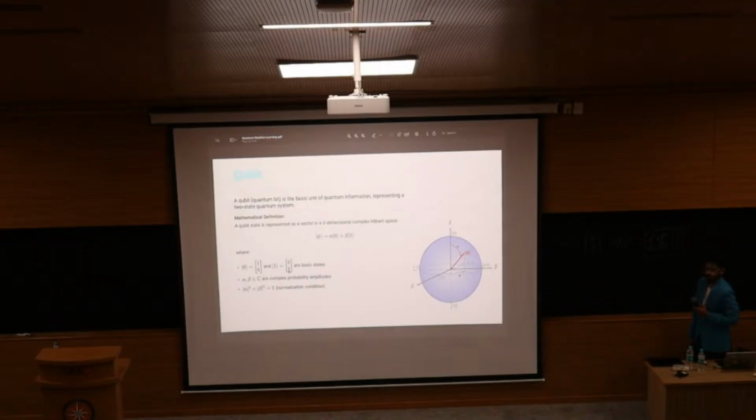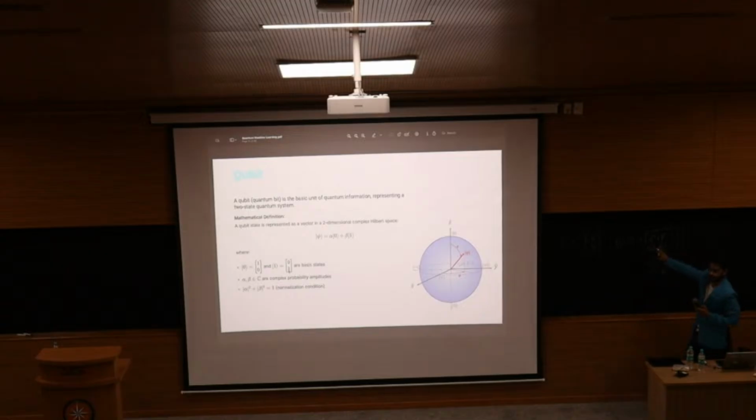So what we can basically say is that the probability of observing 0 is equal to the mod of alpha square, and the probability of observing 1 is equal to the mod of beta square.